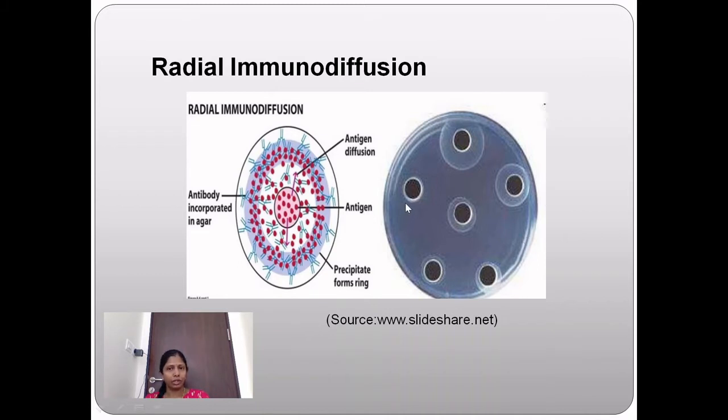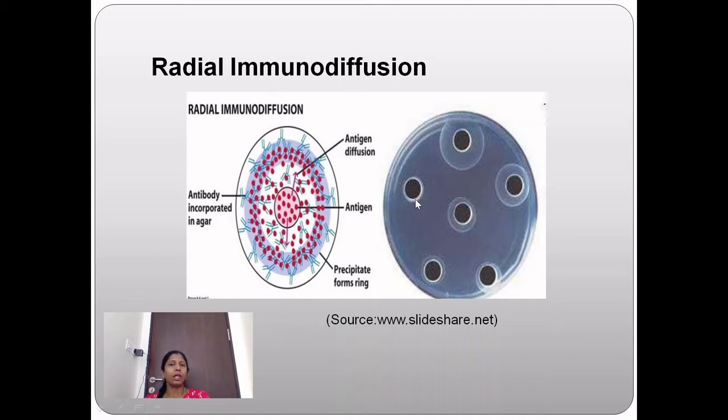We can observe that concentric rings are formed around the well, and the size of these rings is proportional to the concentration of the antigen. That is, the diameter of the ring increases with increase in the antigen concentration.